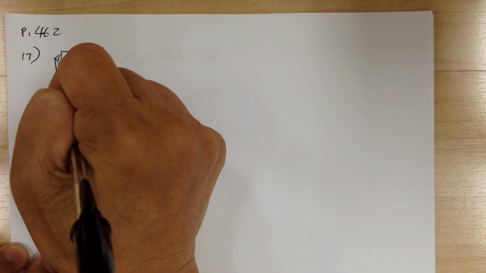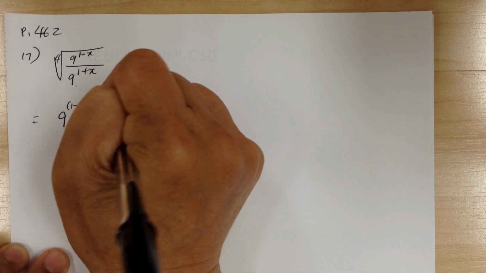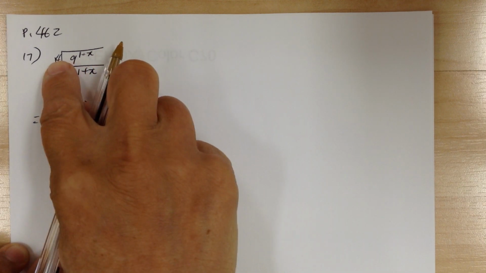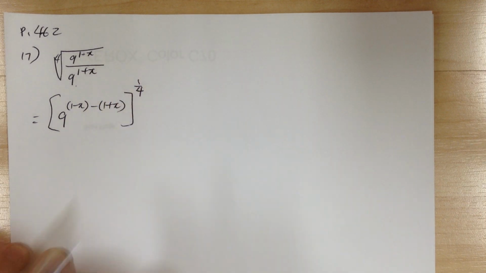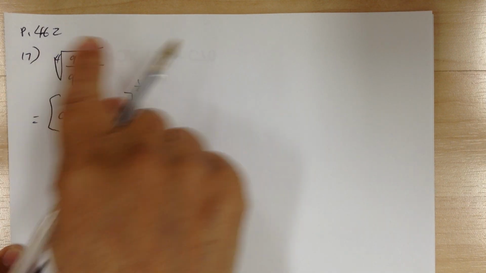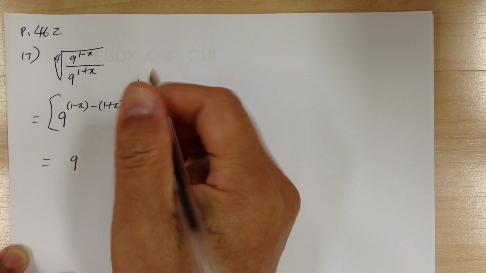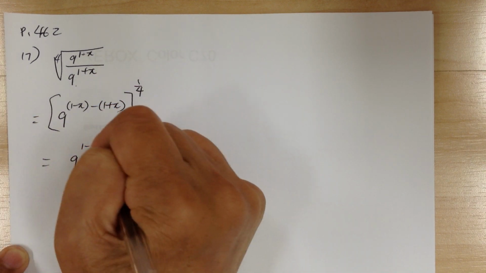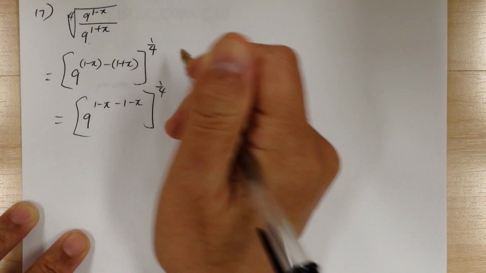So it becomes 9 to the 1 minus pi minus 1 plus pi, and this whole thing is a fourth root, so this becomes the 1/4 power. First you have to get rid of the root and work it out. So this becomes 9 to the 1 minus pi minus 1 minus pi, to the 1/4 power.